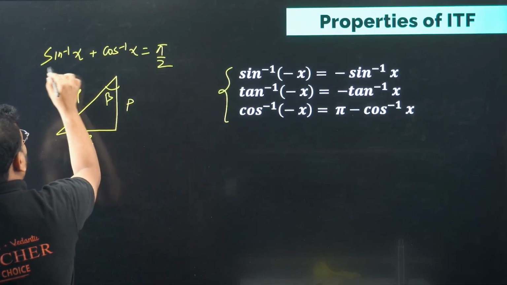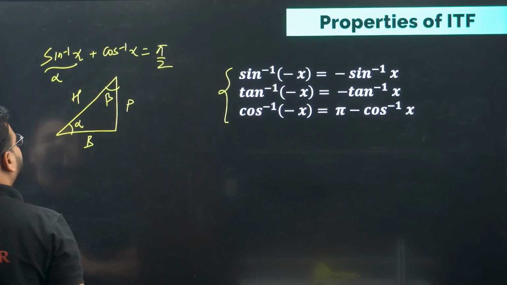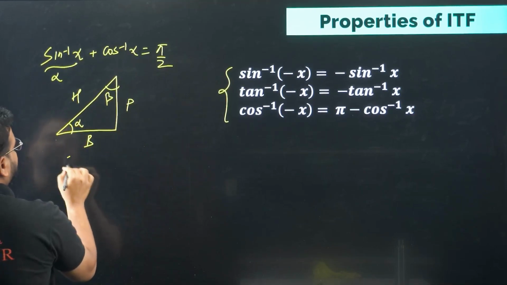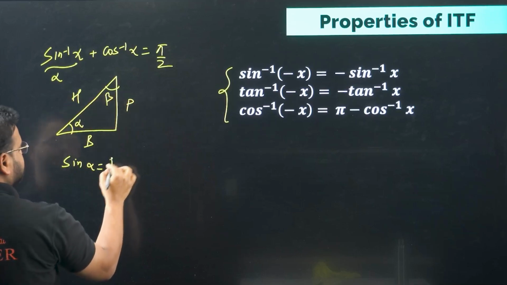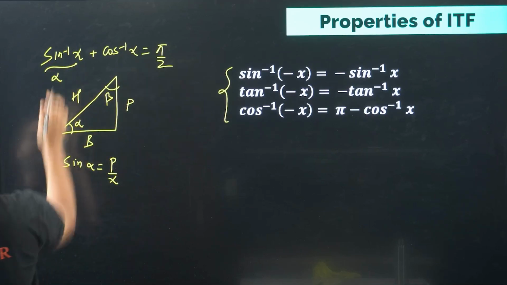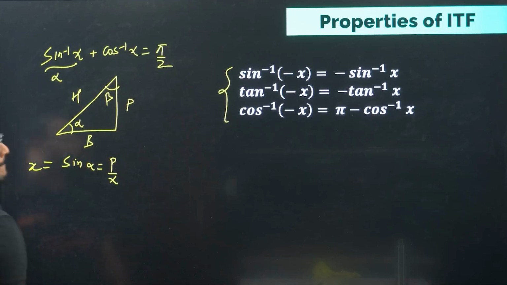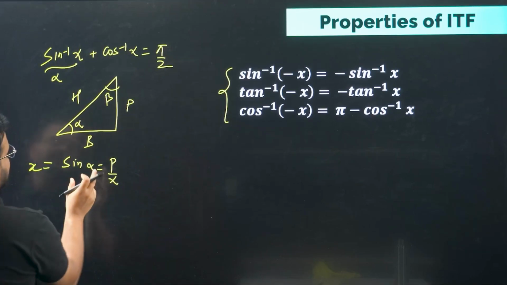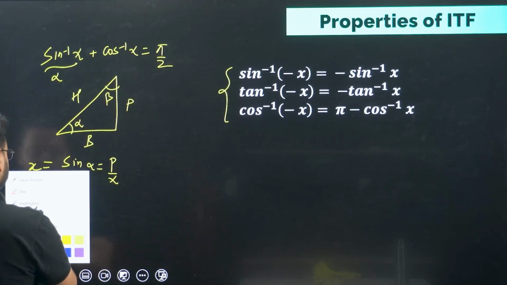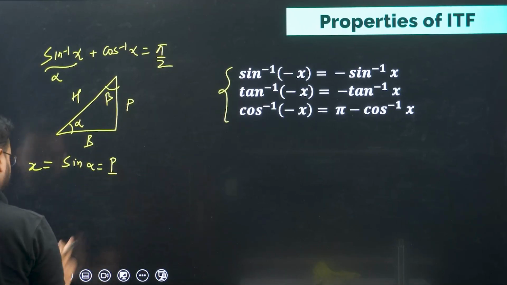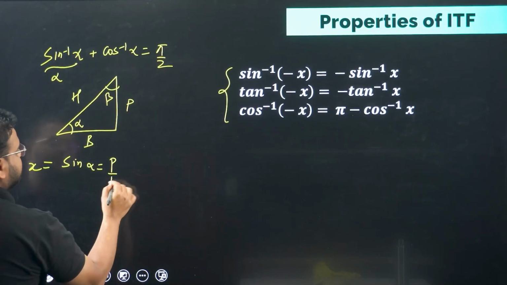If I call this angle alpha, I can write sine alpha as p by h.